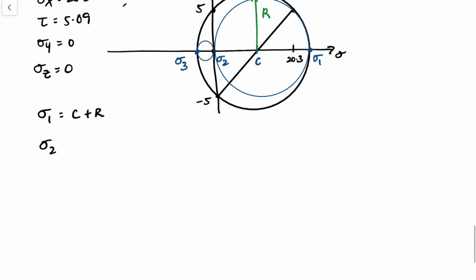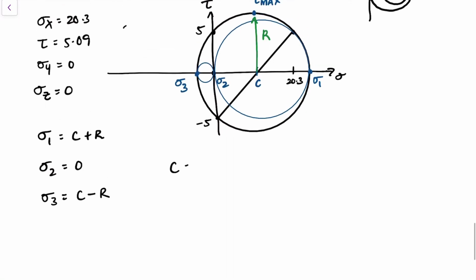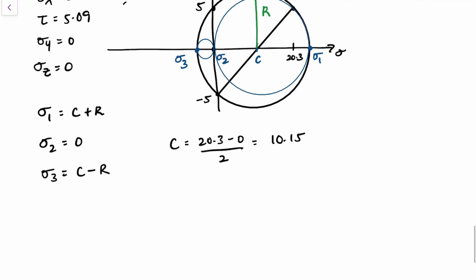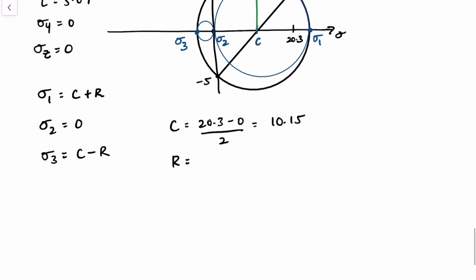Sigma 2 is 0, and sigma 3 is the center minus the radius. And the center is simply 20.3 minus 0, divided by 2, which is 10.15.